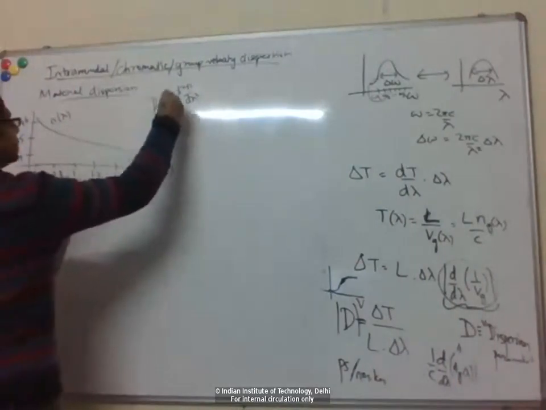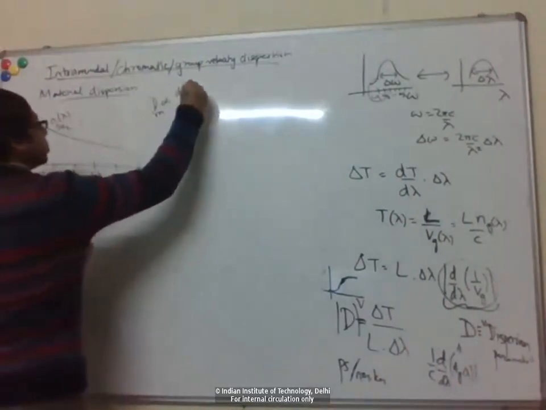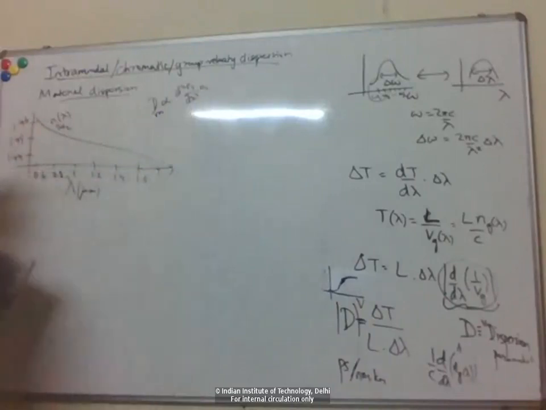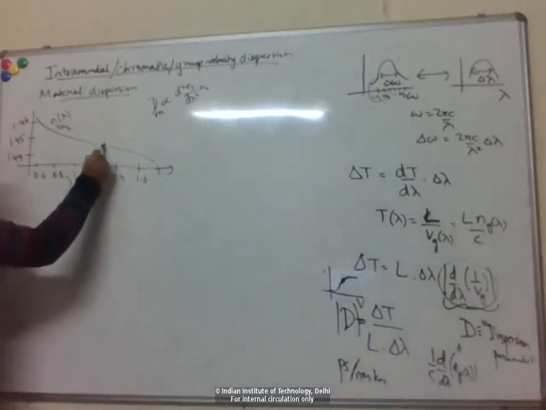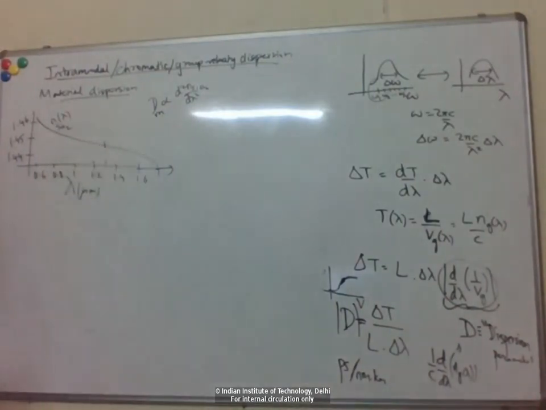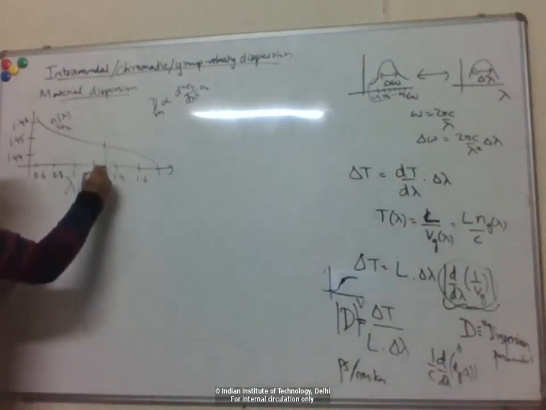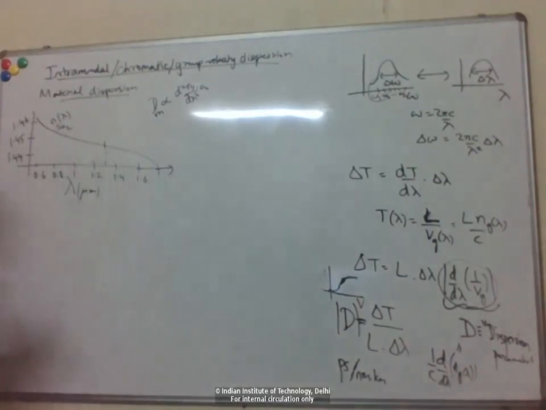So the material is just SiO2. Right, so basically there is an inflection point around here. So from concave upward, it becomes convex upwards, this curve. So basically the second derivative crosses 0 around this 1.3 micron wavelength.